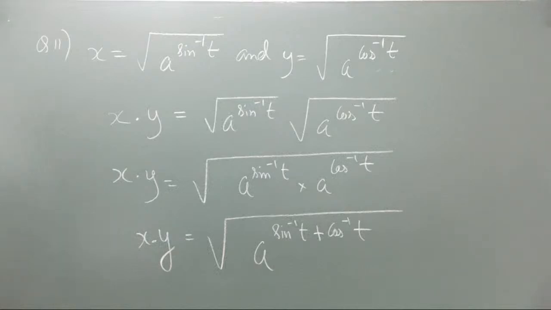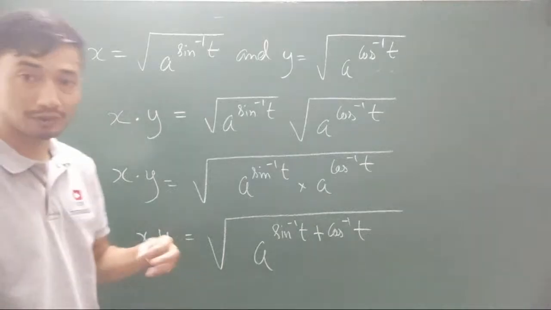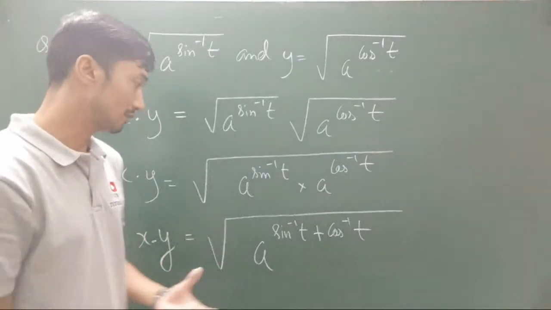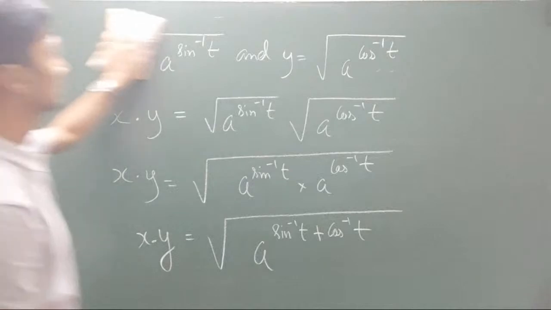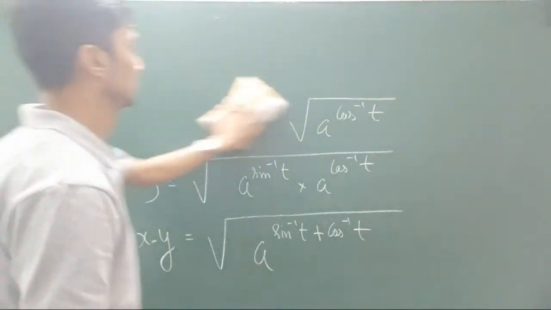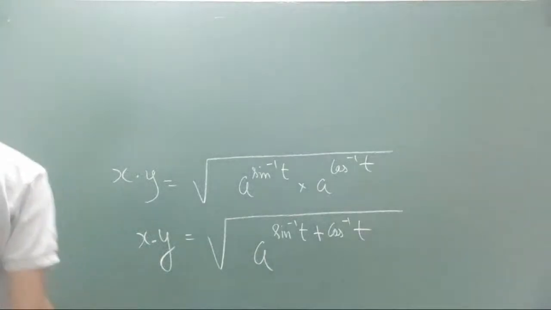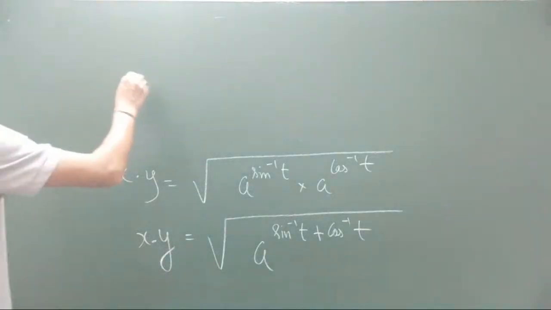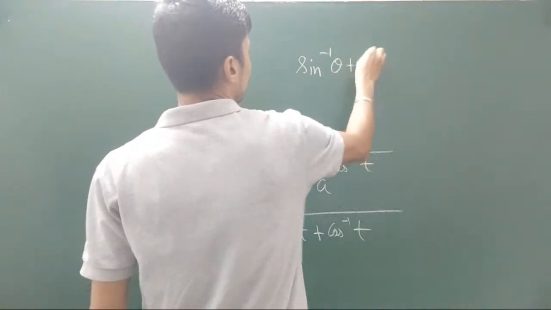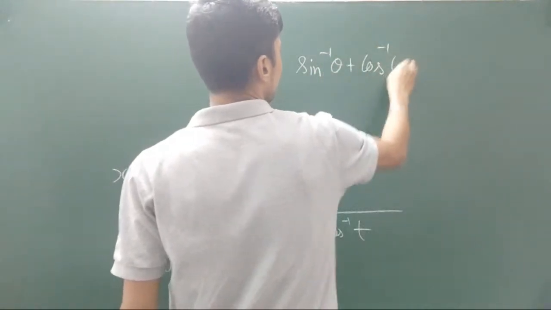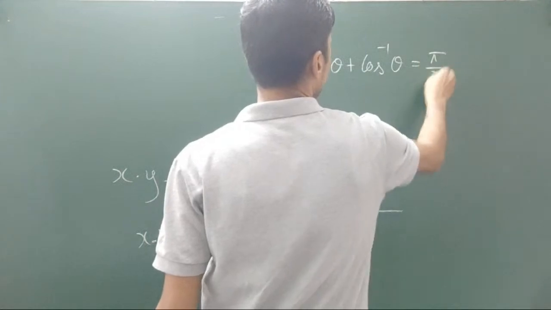For that, of course, we need a small concept that comes from chapter 2, that is the inverse trigonometric functions. See, what we get is this one: sine inverse theta plus cos inverse theta is pi by 2.